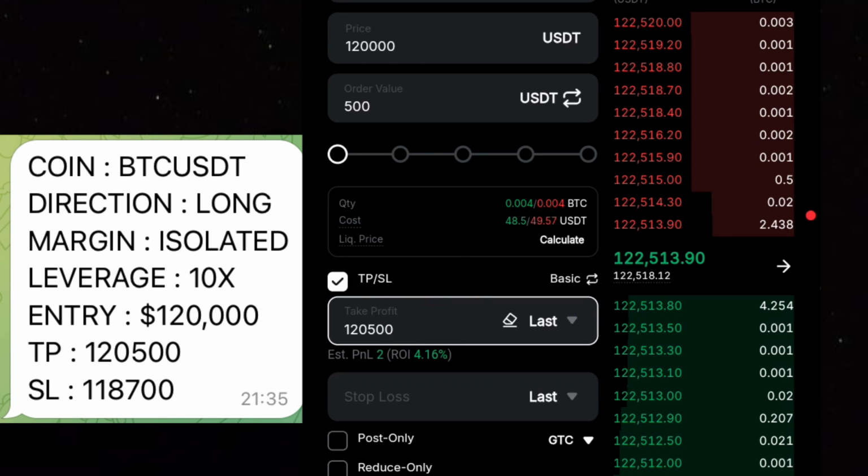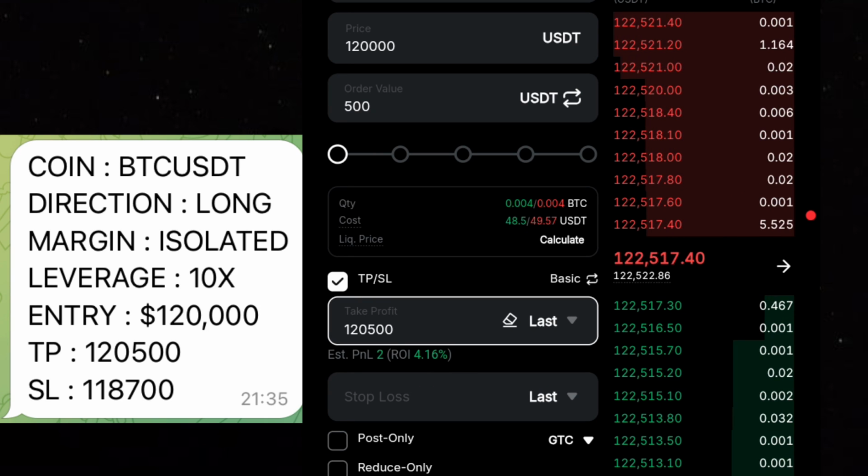The reason I cannot type all the take profits is because you can choose any one: the first, 120,500, the second on your signal, 121,250, or the third, anyone you like. But I prefer the first one because I just want to get into the market and get out immediately.